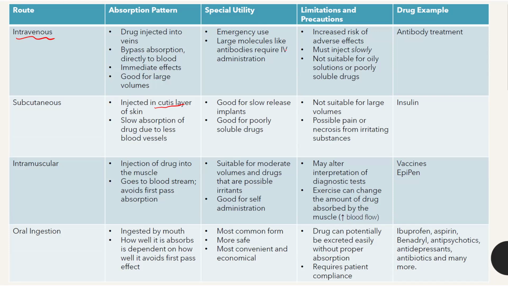Large molecules like antibodies require IV administration. What that means is that if you just inhaled one or swallowed one, it's too large of a molecule and is going to basically be processed out. Subcutaneous is good for slow release drugs, and I apologize, it's good for poorly soluble drugs.